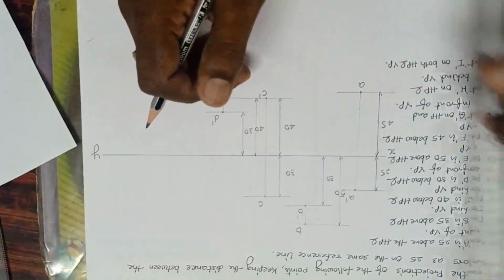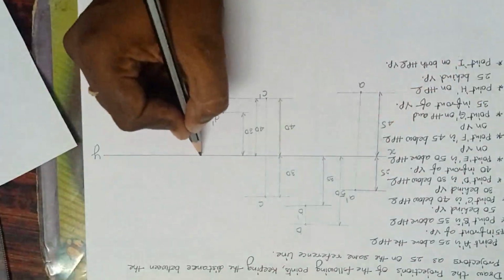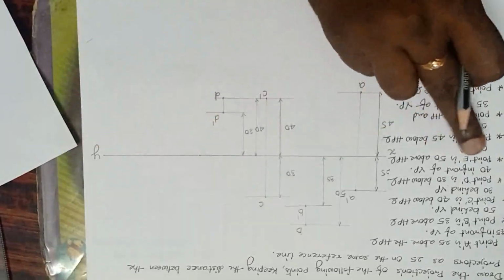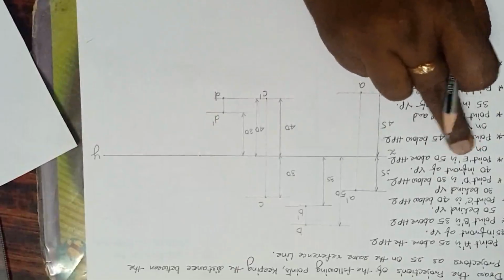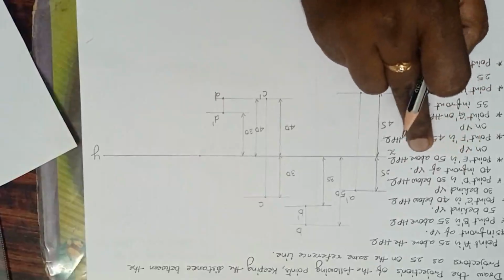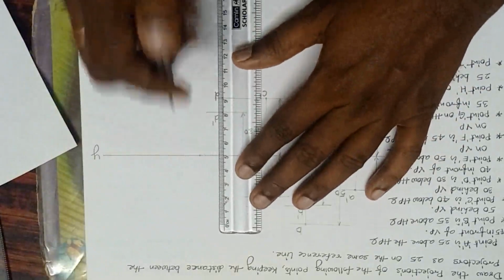Okay, so what I'll do, 45 below the HP another first. So I'll put it 45 below the HP. Point E is 50 above the HP. So what I'll do, I'll draw the 50 mm here.